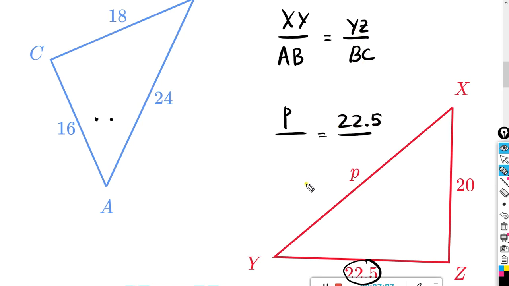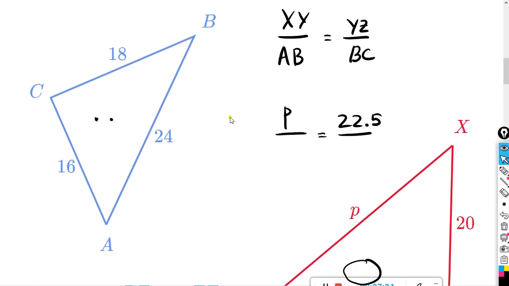If we scroll down a little bit, AB is this side right here, that's 24. And BC is this side right here, that's 18.